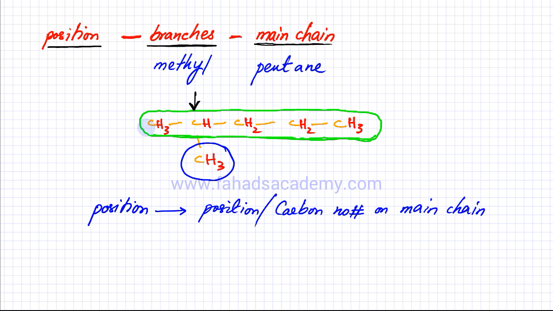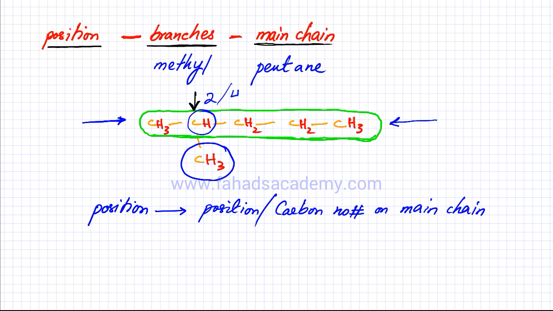For example, if I count from the left hand side, this carbon over here is carbon number 2. This is the first carbon atom, this is the second carbon atom. And if I count from the right hand side, then this is carbon number 1, this is carbon number 2, this is carbon number 3, and this would be carbon number 4.